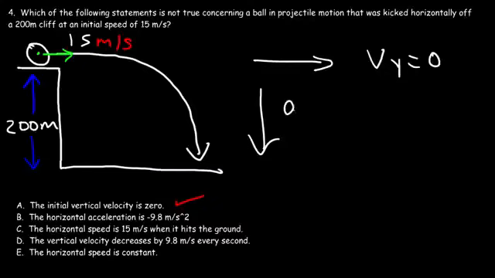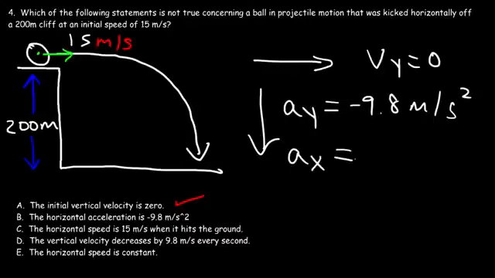So we have a vertical acceleration of negative 9.8 due to gravity. Since gravity is the only force acting on an object in projectile motion, by definition, there is no horizontal acceleration. It has to be 0, which means B is a false statement. The horizontal acceleration is not negative 9.8. That's the vertical acceleration. That's AY. AX is the horizontal acceleration.